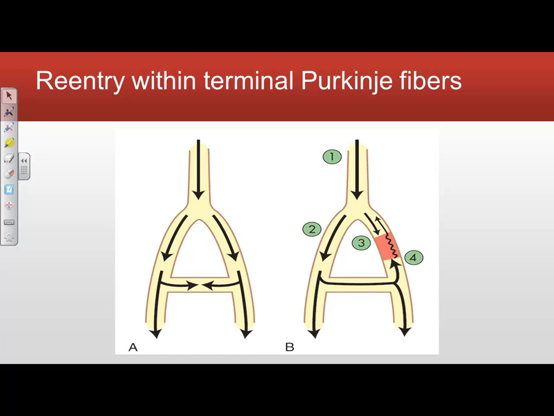This is what I was talking about. Let's pretend this is a Purkinje fiber. This is a single fiber that's wrapping around to stimulate ventricular contraction. Under normal circumstances, that electrical impulse is going to go down, bifurcate, and make sure that the cells right here are stimulated, and it's going to continue down the pathway.